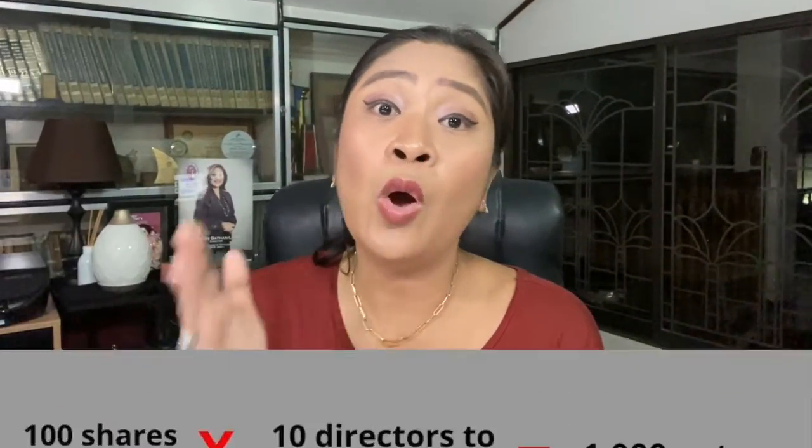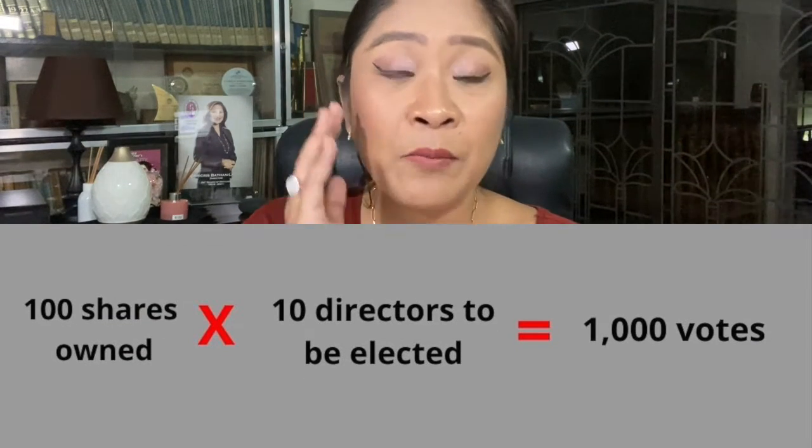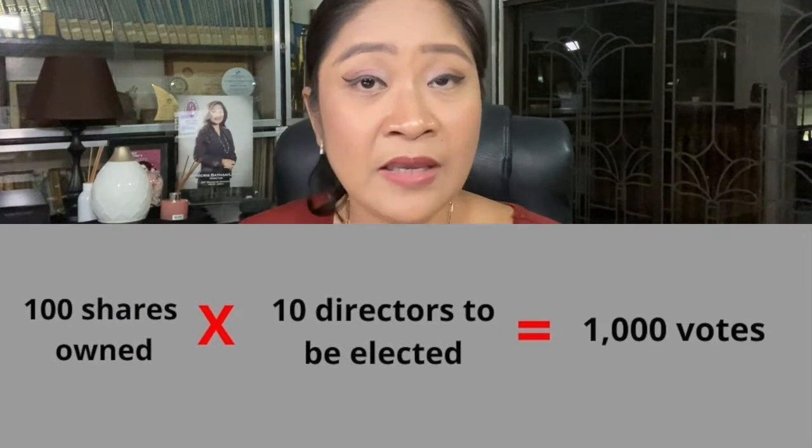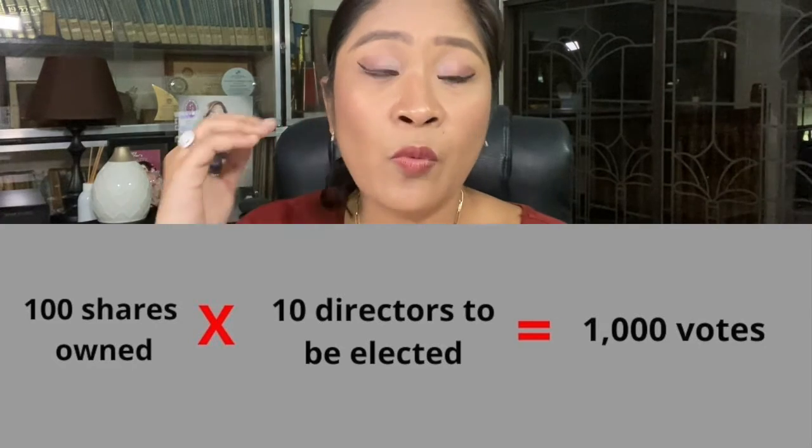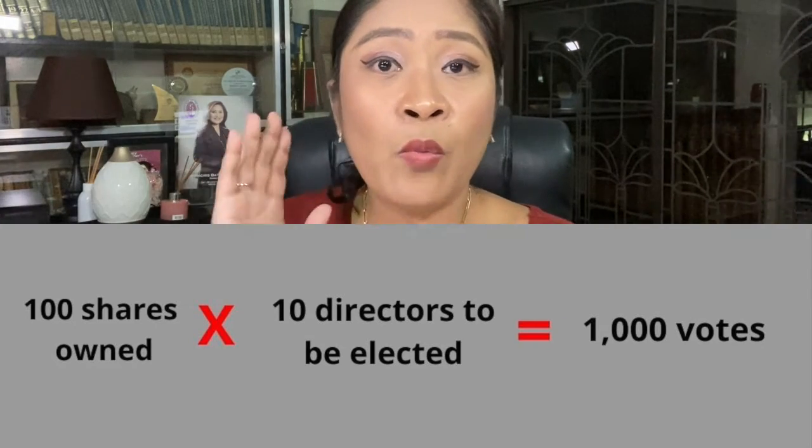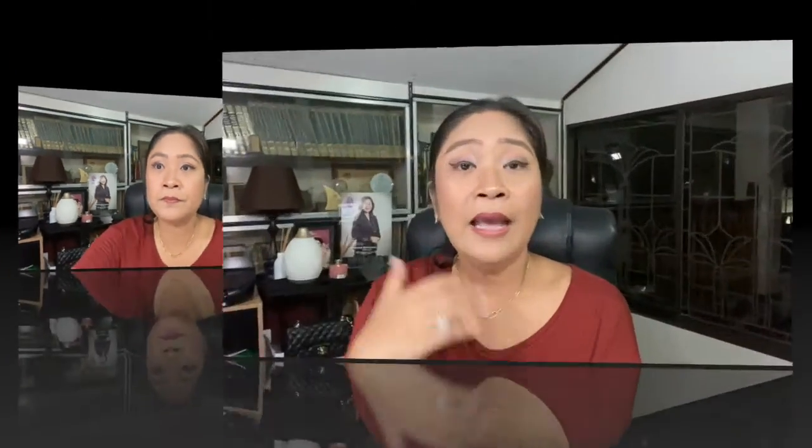So you have 100 shares multiplied by 10 equals 1,000. So 1,000 votes you will be entitled to cast. That is how you determine the number of votes that you are entitled to cast in the election of directors in a stock corporation. How about in non-stock corporations?